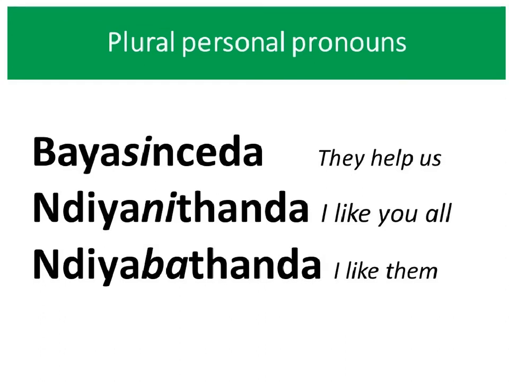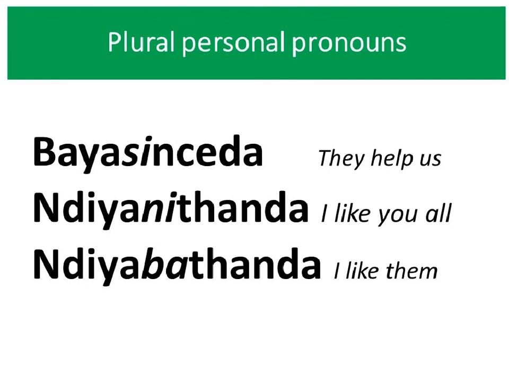The object concords particularly related to the plural personal pronouns are very easy because they're exactly the same as their subject concord. So for example, for us it is si, for you all plural it is ni, and for them it is ba. So in these 3 examples, they help will be bayanceda, but they help us would be bayasinceda.